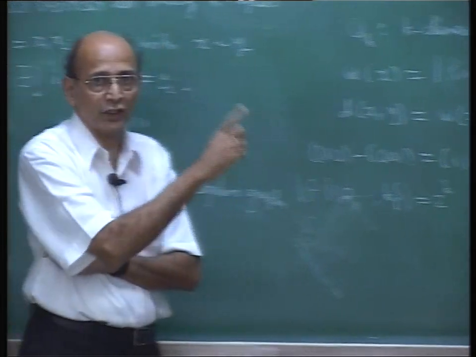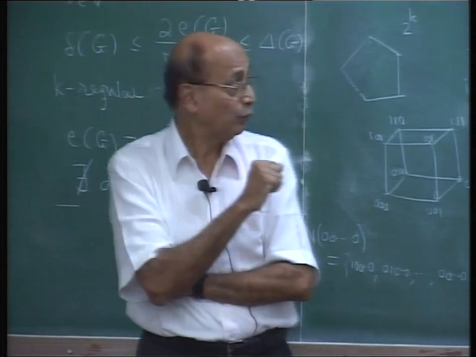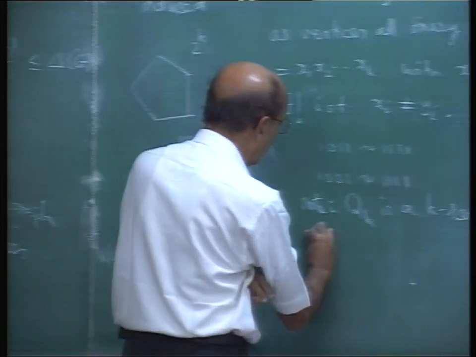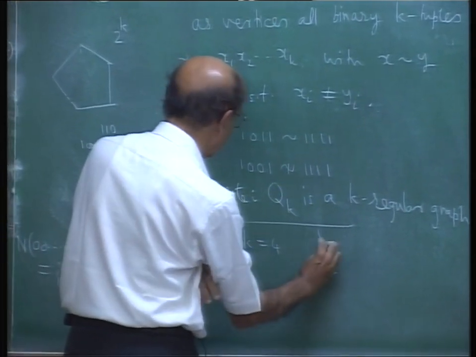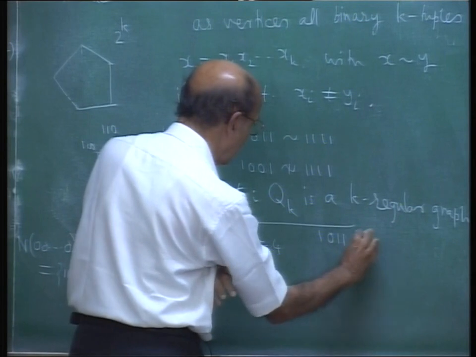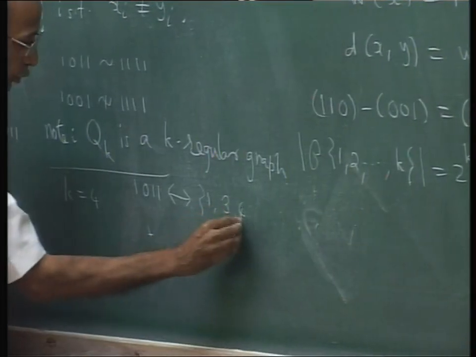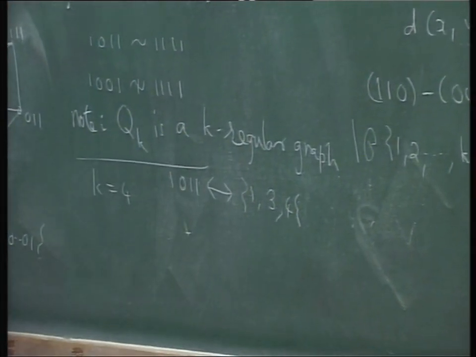One can make a natural association of a subset with a k-tuple. For example, with k equal to 4, 1, 0, 1, 1 actually corresponds to the subset {1, 3, 4}. Wherever you have a 0, you just omit that number.